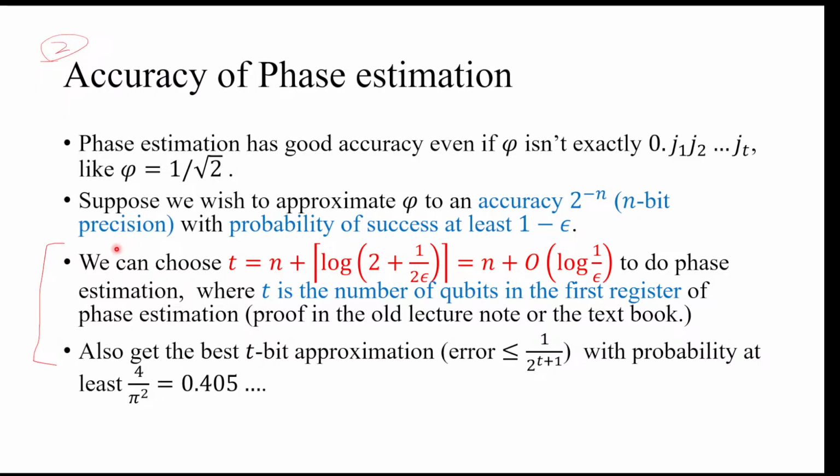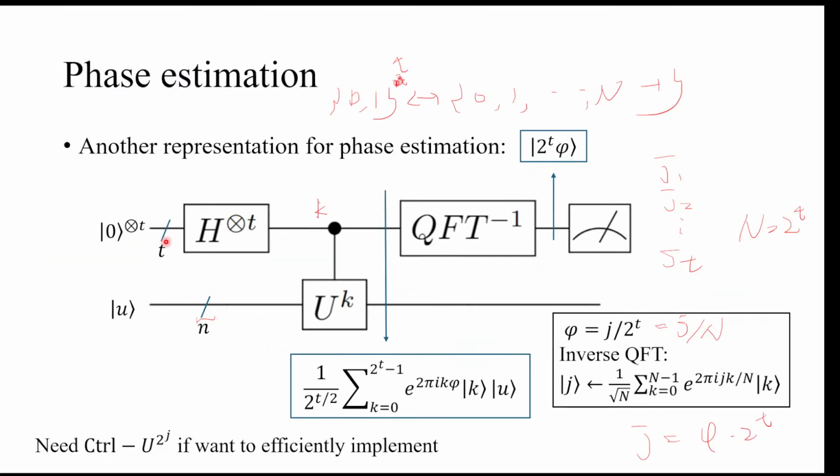Either of these results tells you that the accuracy in phase estimation is an issue, but not too much of an issue. You just use enough t, and you can estimate your phi to pretty good precision. So that's one thing, two things, and there's a third thing actually down here.